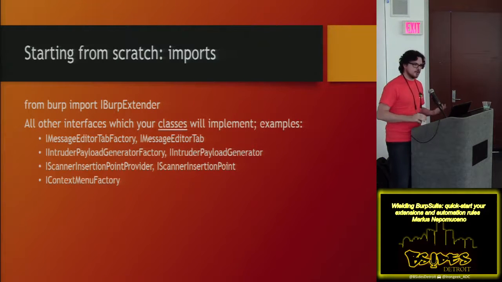Scanner insertion point interfaces allow you to customize the scanner to run additional scans or use specific parameters for scanning. The context menu factory allows you to modify BurpSuite's existing right-click menu to add items that execute custom actions and things like that.